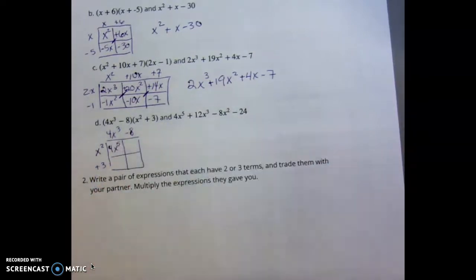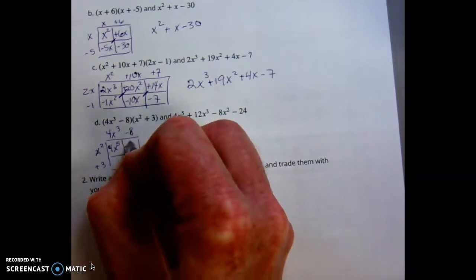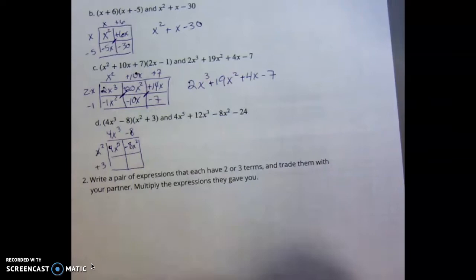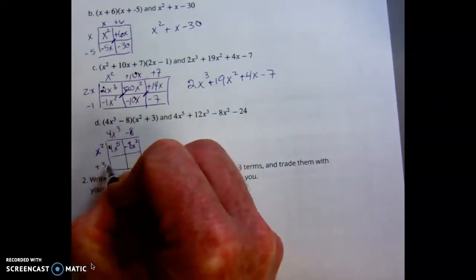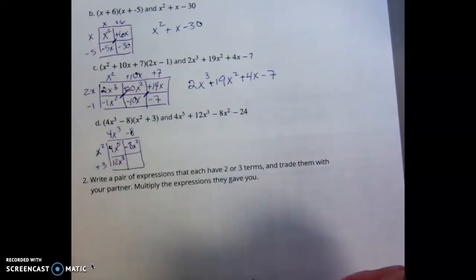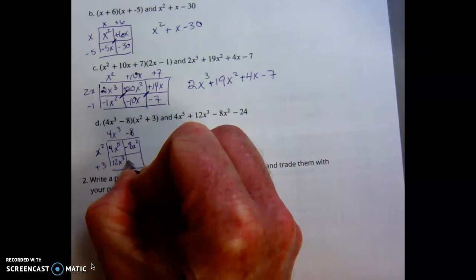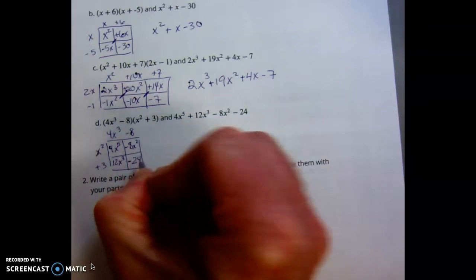Remember, we're going to add the exponents. X squared times negative 8 would be minus 8x squared. 4x cubed times a positive 3 would be 12x cubed. 3 times negative 8 would be negative 24.